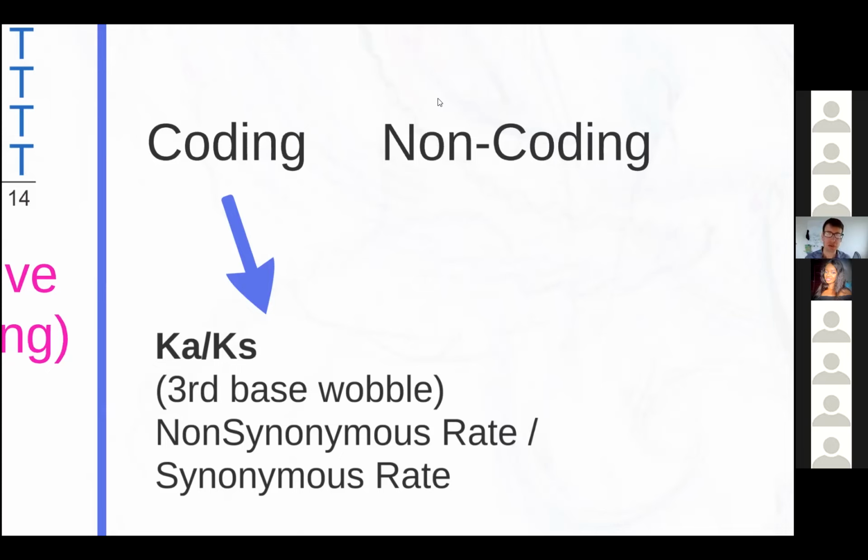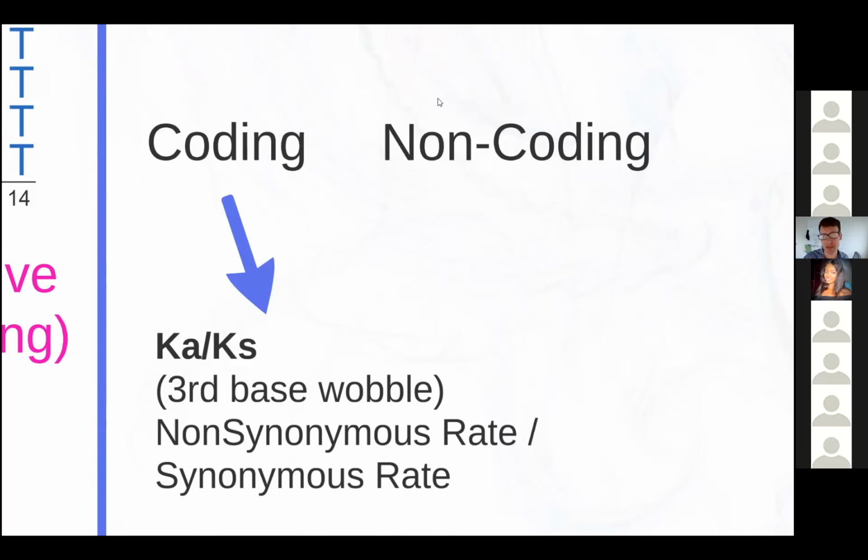So getting the neutral rate for a coding region is pretty easy. You look at the synonymous rate and the non-synonymous rate. For non-coding, it's not as trivial, because where do we look? Where can we assume in our non-coding genome that this isn't obviously under selection?